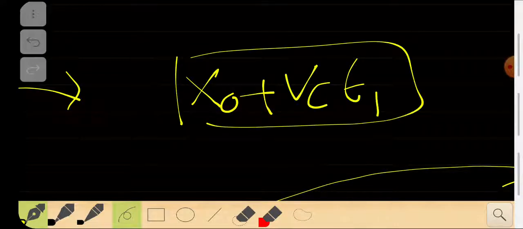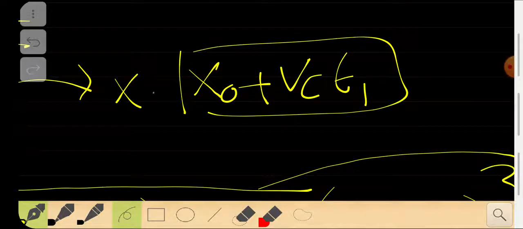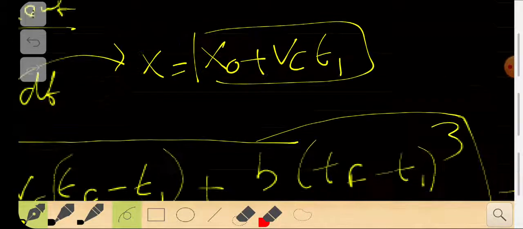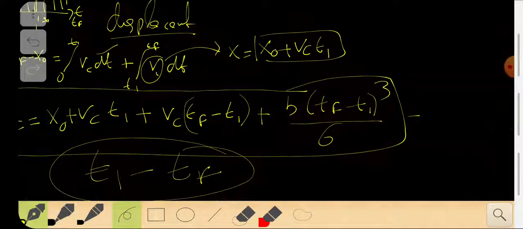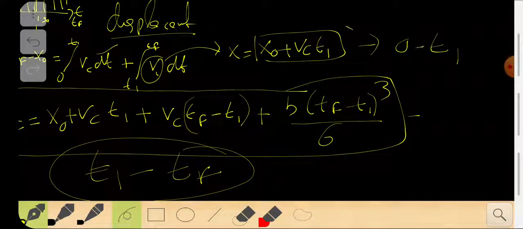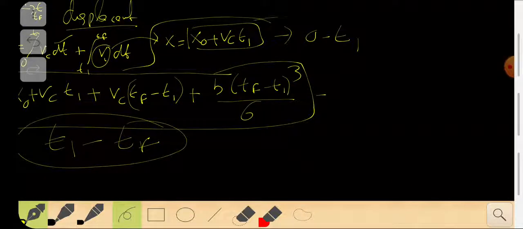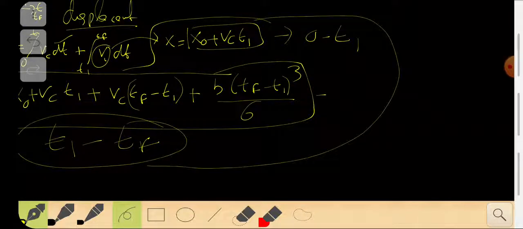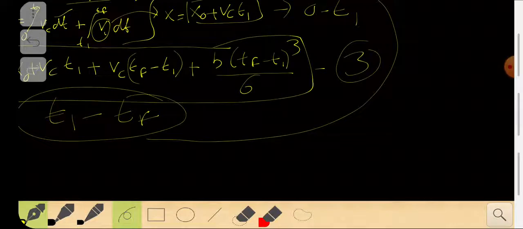That will be the equation of displacement for the first part, and the other will be the equation of displacement for the second part. This equation can be called the third equation. Okay, let it be the third equation.